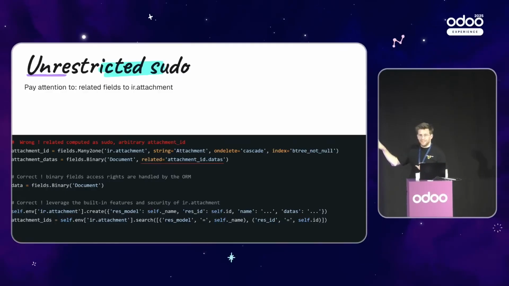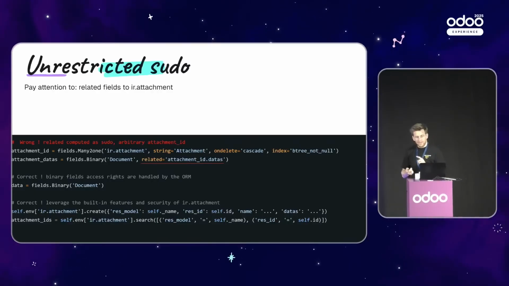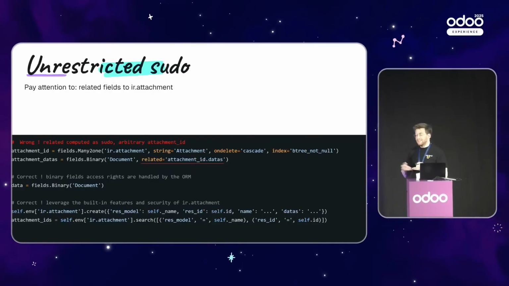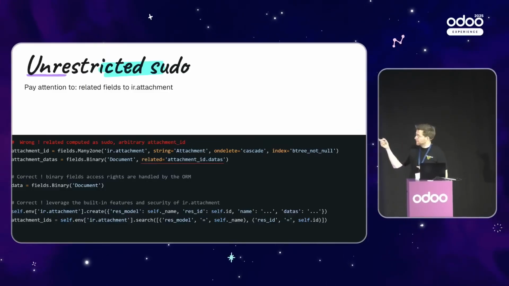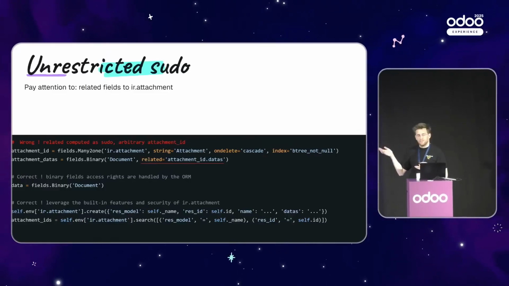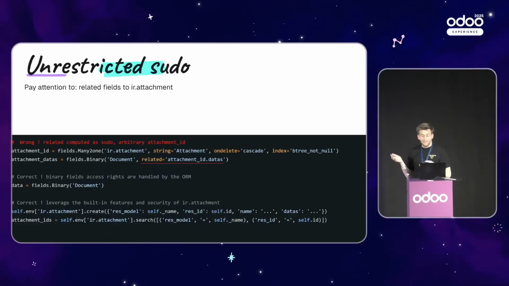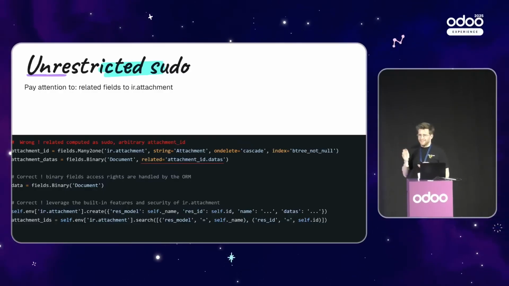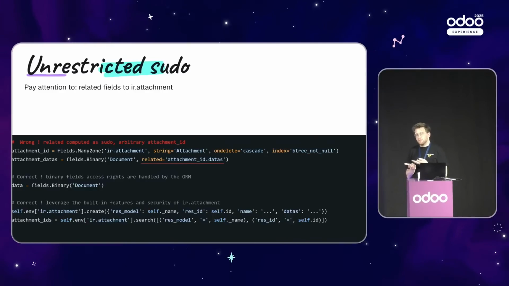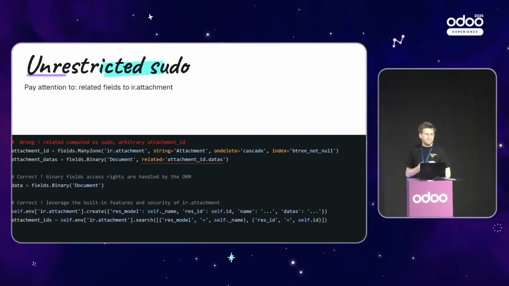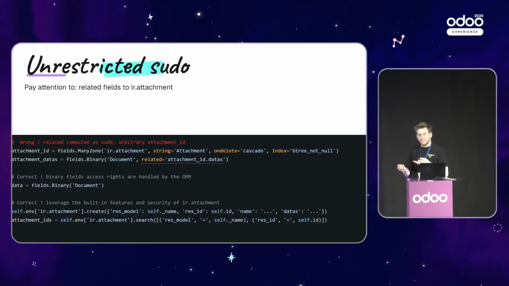So there is no sudo in that code, but there is still a problem: a user can write any attachment ID they want, ID1, ID2, ID3, and then they will be able to read the data through that related field because it's read as sudo. So they don't need any access, they will be able to access the data. For example, within odoo.com, any of your colleagues would be able to read your payslip. It's a simple example, but you would be able to know how much your colleagues are paid.